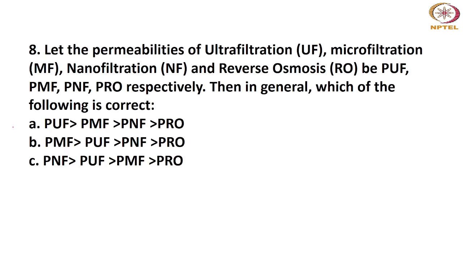So the correct answer is B. Congratulations, Nicholas. So the correct order is microfiltration, then the smaller size is ultrafiltration, then NF, and then RO. So this is the order.